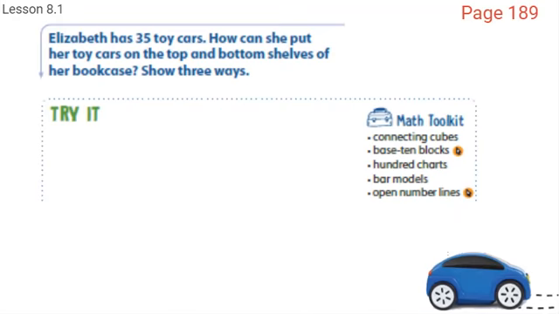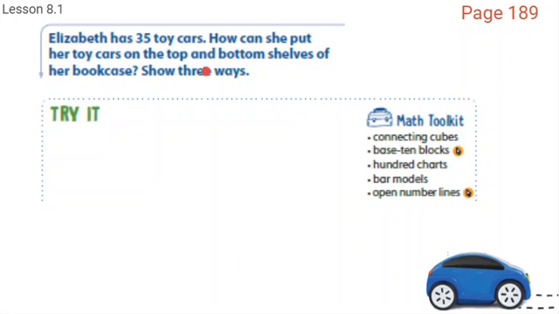All right. On page 189 in your math book, we're going to try something a little bit different. I'm going to get my pen out so I can circle important information, but let's read through this really quickly. Elizabeth has 35 toy cars. How can she put her toy cars on the top and bottom shelves of her bookcase?